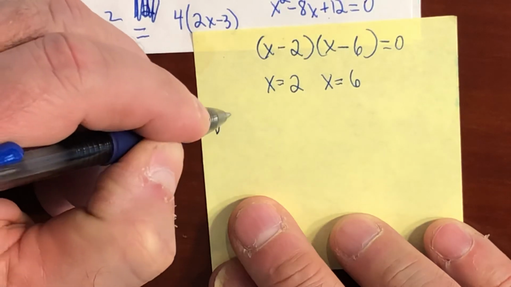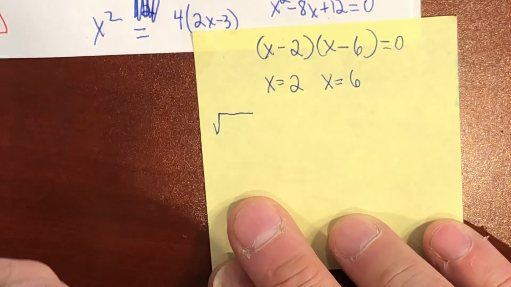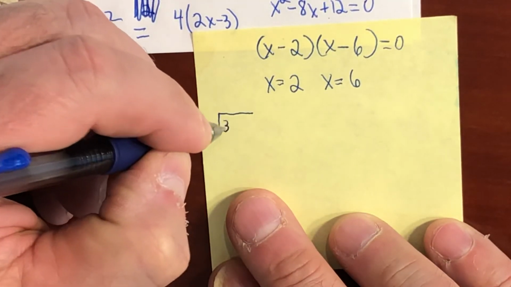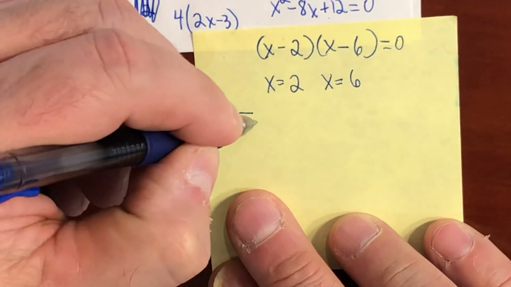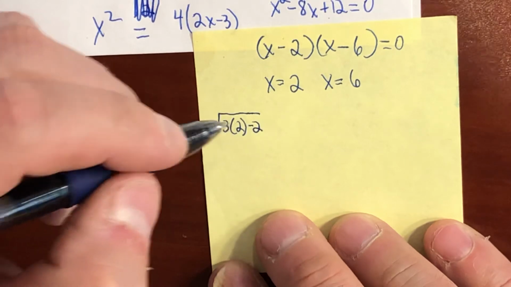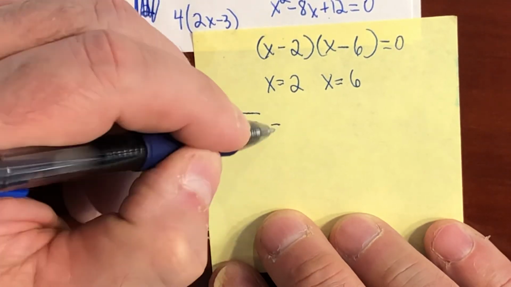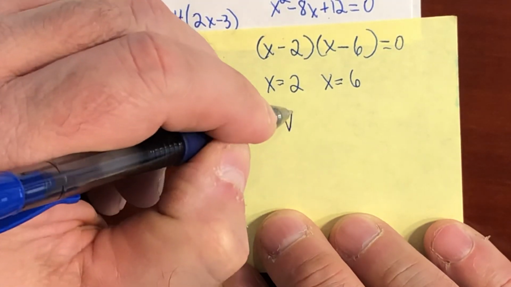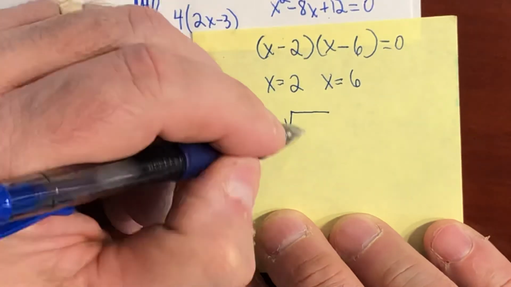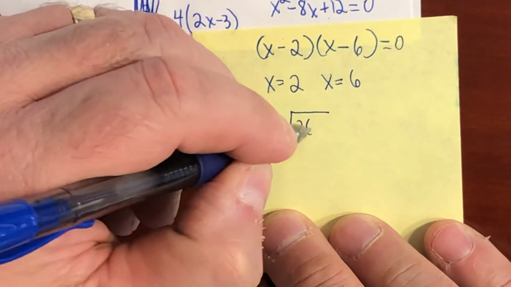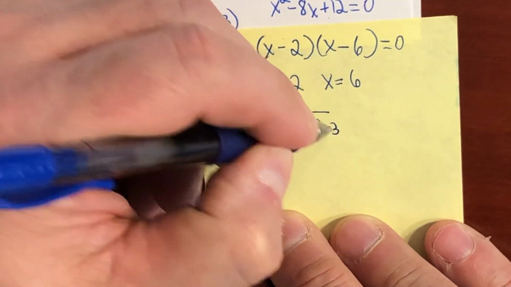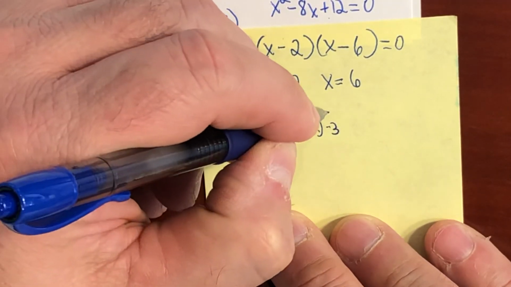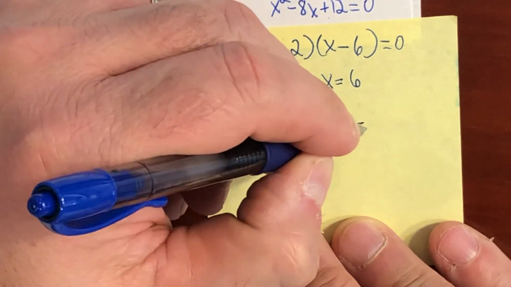If I go square root of 3 times 2 minus 2, and then minus another square root of 2 times 2 minus 3. Does that equal a 1?